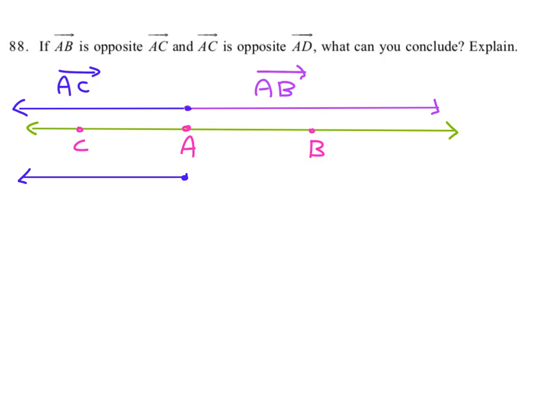So that means that AD has to be opposite that, like this. And what does that then say about the orange ray, which is AD? Okay. Well, what that says is that look at these two rays.